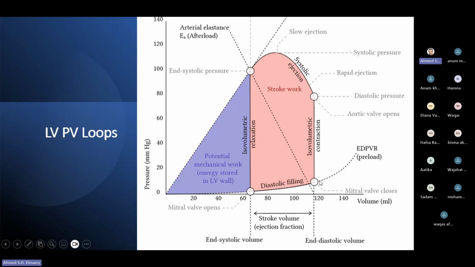This point is called the end diastolic pressure volume relationship, which is mainly a surrogate for the preload of the heart or the filling status of the heart. And this point is called the end systolic pressure volume relationship. It describes the relationship between the left ventricle pressure and the left ventricle volume during the systolic phase.